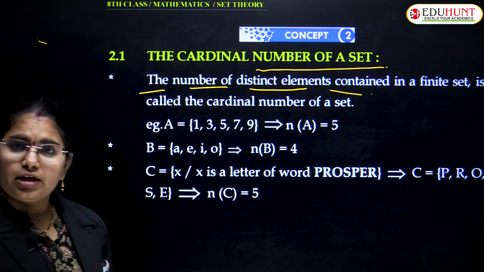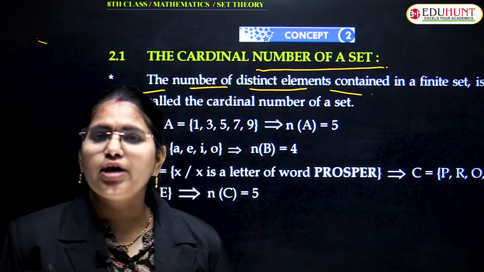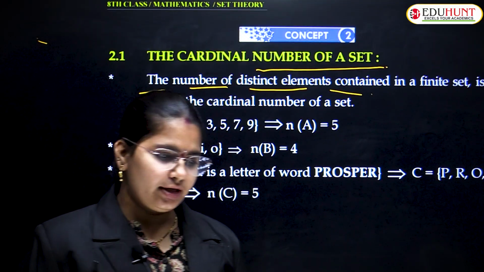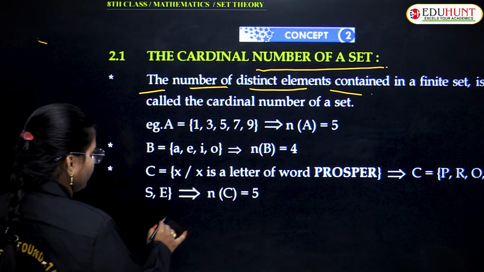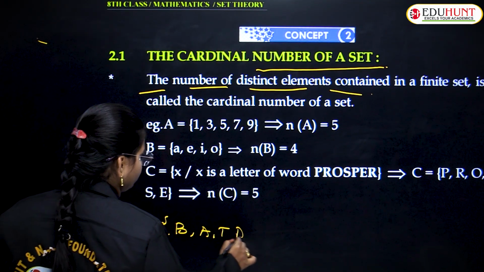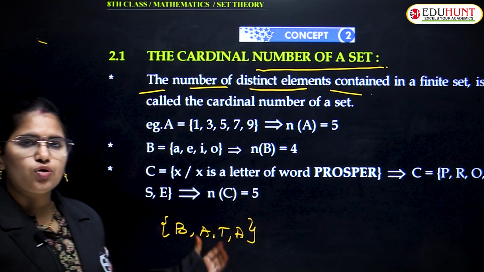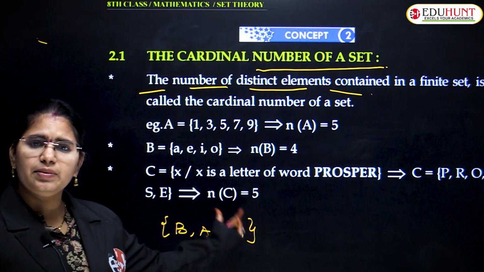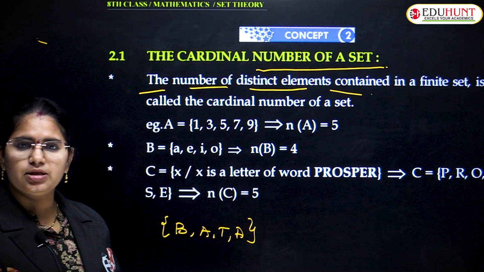Yes. There is an add-on point to cardinality. What is the other point of cardinality? For example, if you are writing a word like BATA, these are the elements of the word BATA. How many elements are there?